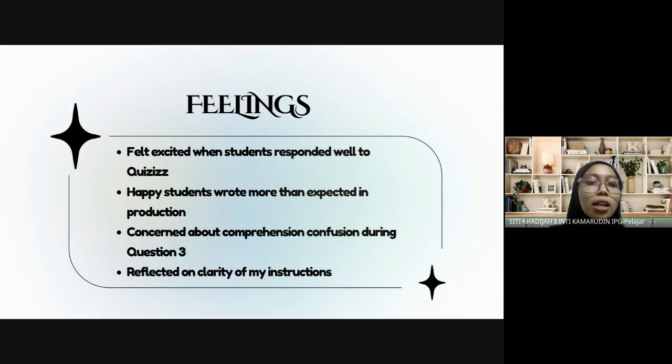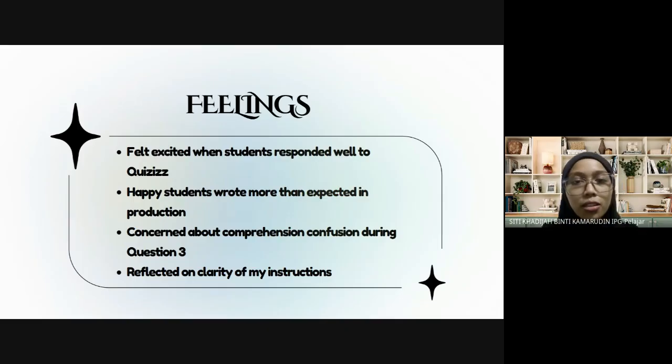And the last one was that moment made me reflect on the clarity of my instructions and whether I had provided enough scaffolding. Maybe a kind of dissatisfaction because of the mistakes I made during the lesson.